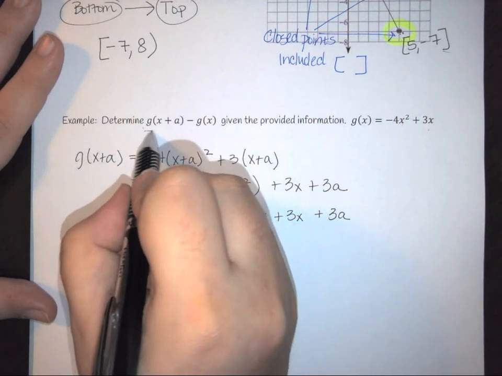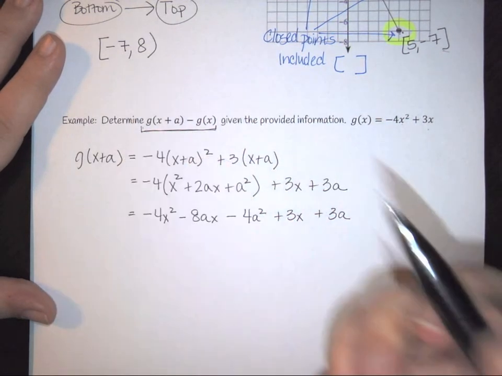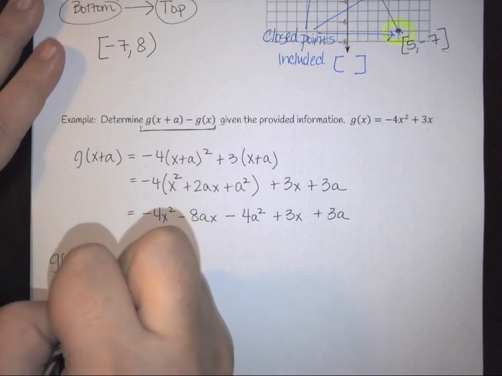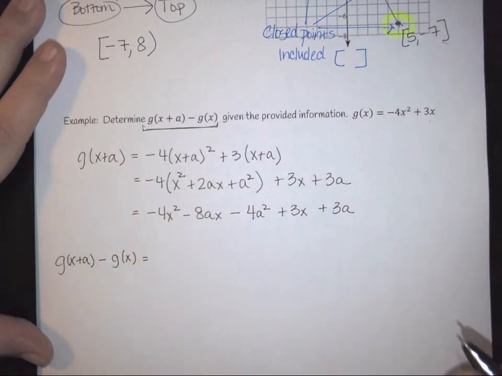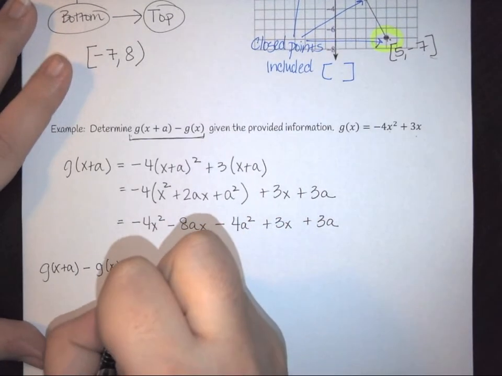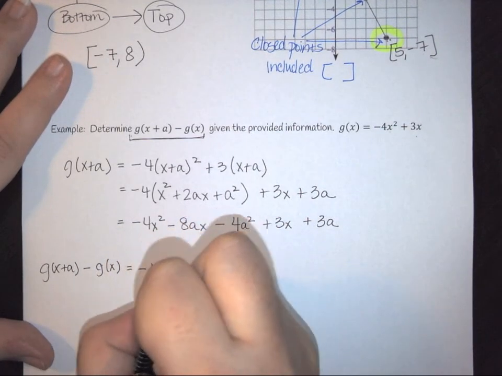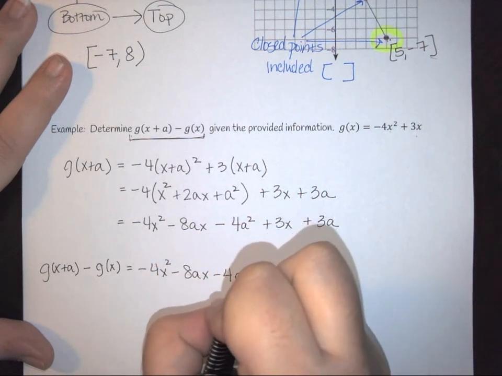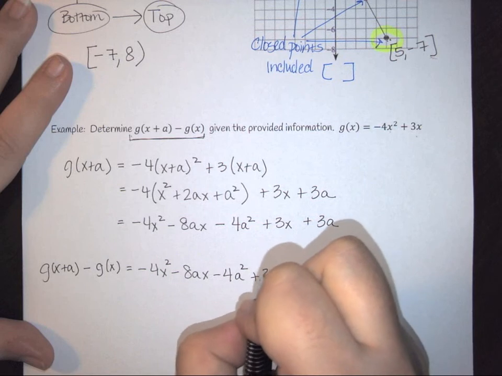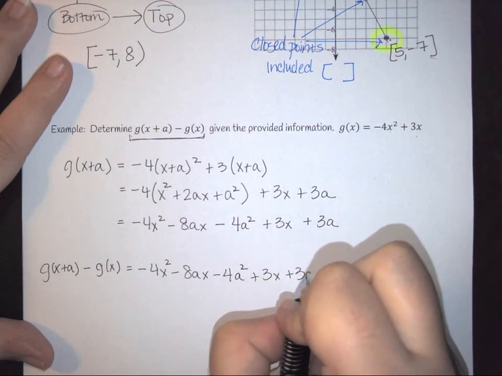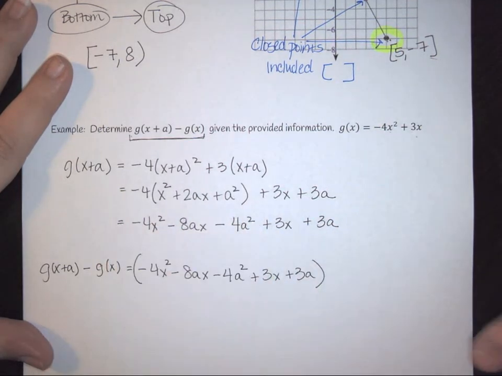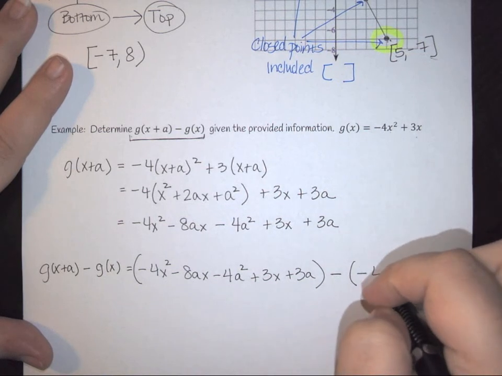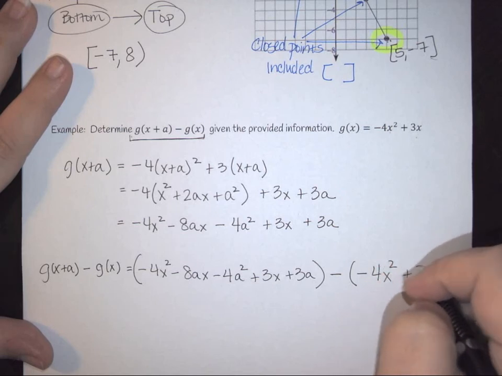And now we have to do this actual determination. So we are going to do g of x plus a minus g of x. So this is going to give us the negative 4x squared minus 8ax minus 4a squared plus my 3x plus my 3a, and I'm going to stick this in parentheses for a minute because we have to subtract away g of x, which was negative 4x squared plus 3x.